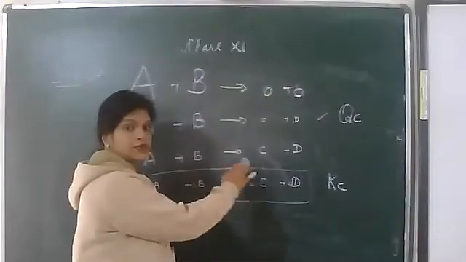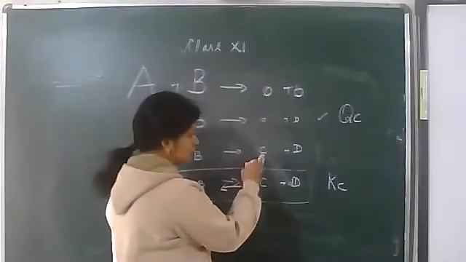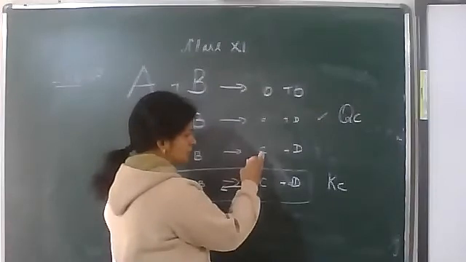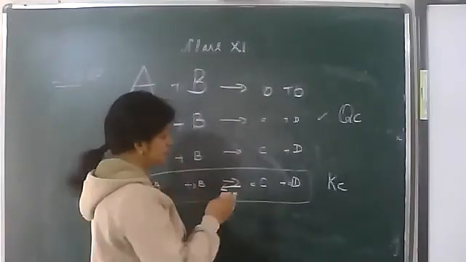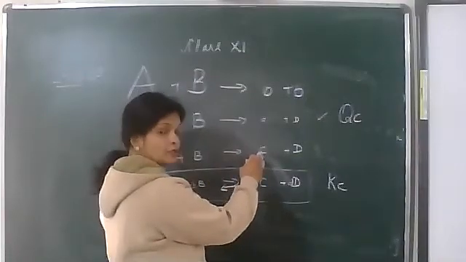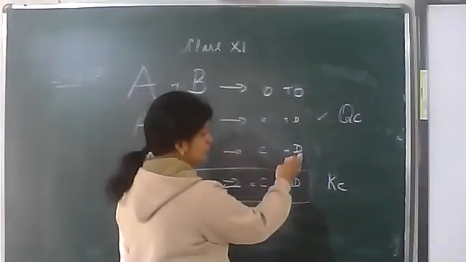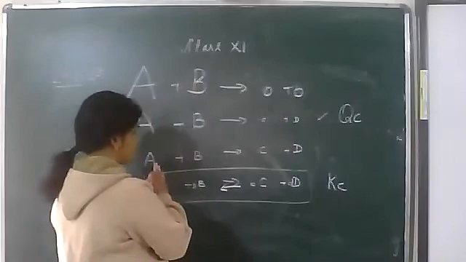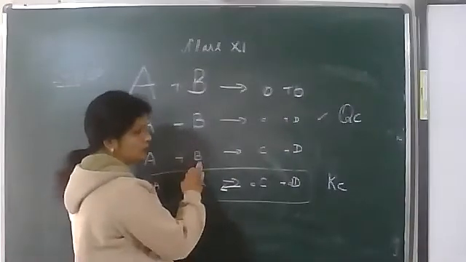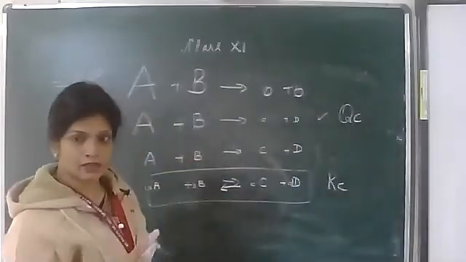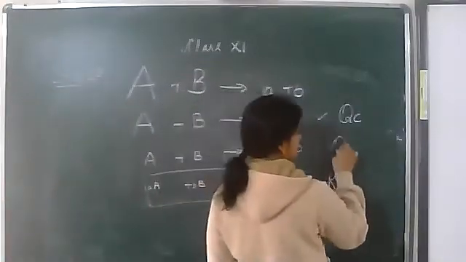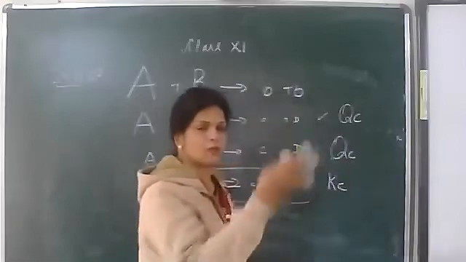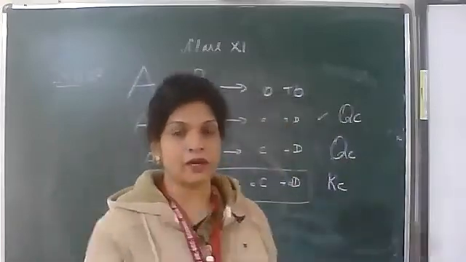This is another Qc, another concentration, but it is not at the equilibrium, it is before reaching the equilibrium. C to the power c into D to the power d upon A to the power a into B to the power b. Expression format is the same, but it is not Kc. We will be writing again Qc. So there can be so many Qcs, but only one Kc.